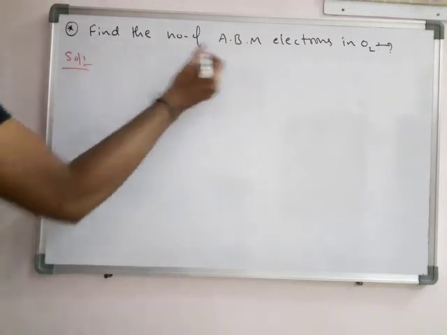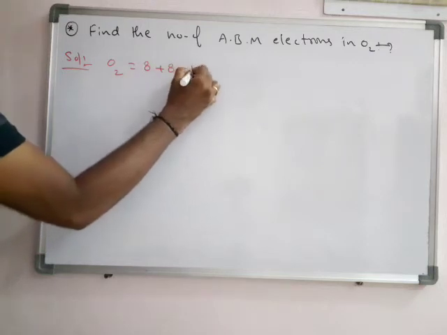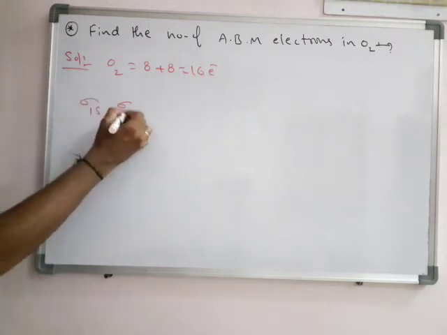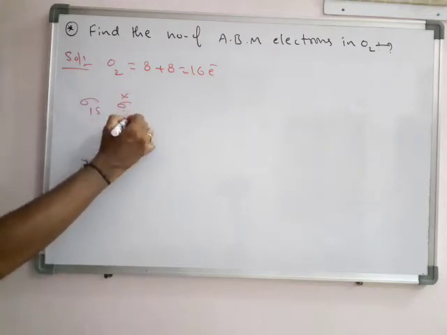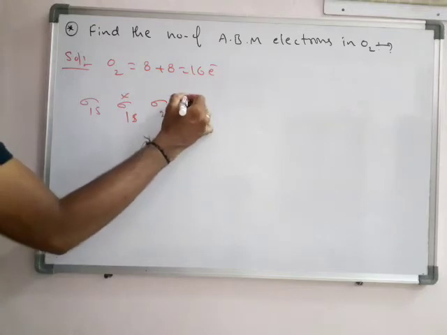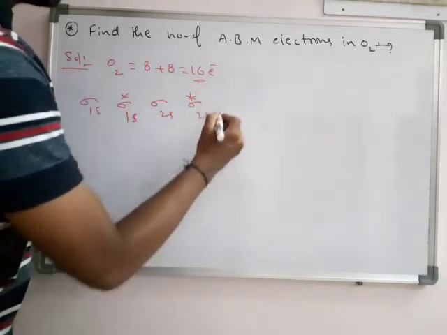What is the O2 molecule? It has 16 electrons, so write the configuration: sigma 1s, sigma star 1s, sigma 2s, sigma star 2s, and so on.